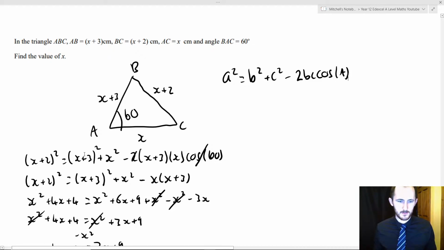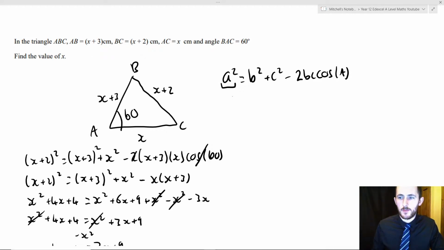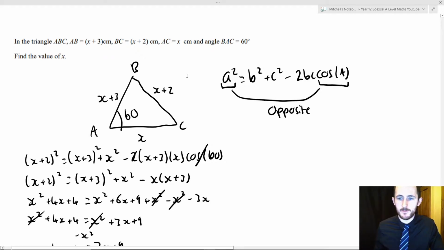Why does it have to be? Oh, good question. Okay. So, in the cosine rule, this side has to be opposite that angle. Okay? So these two things have to be opposite. If I have a look at my diagram, the angle 60 degrees is opposite (x + 2) squared.